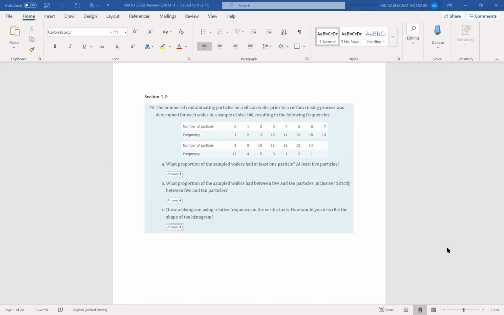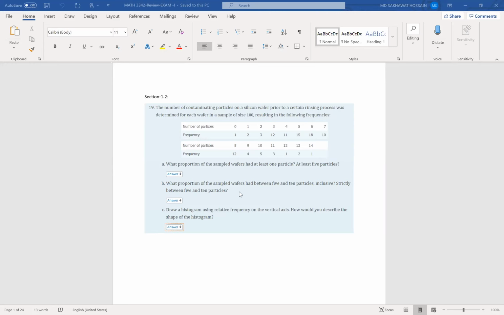Okay. So the first problem is from section 1.2, the number of contaminating particles on a silicon wafer prior to a certain rinsing process. Here we are given the number of particles and the frequency. The possible values are from 0 to 14, and we have the corresponding frequencies.